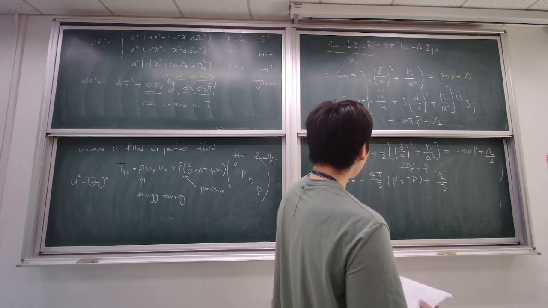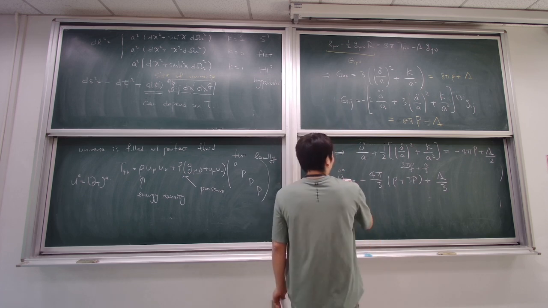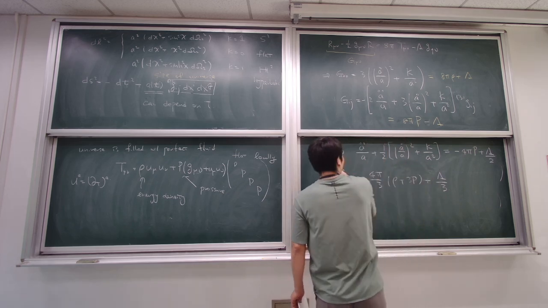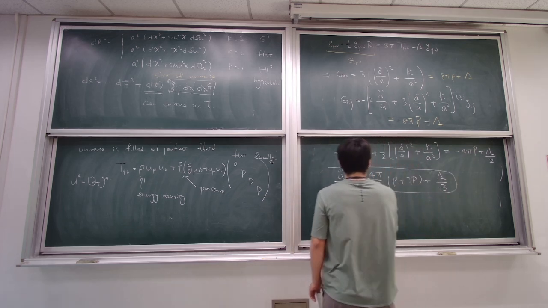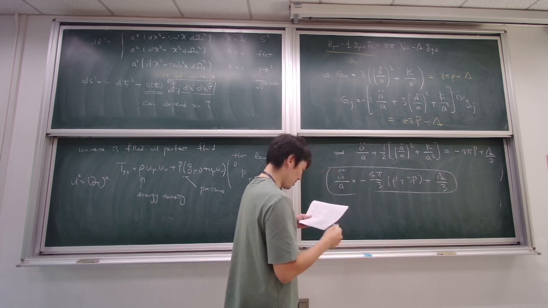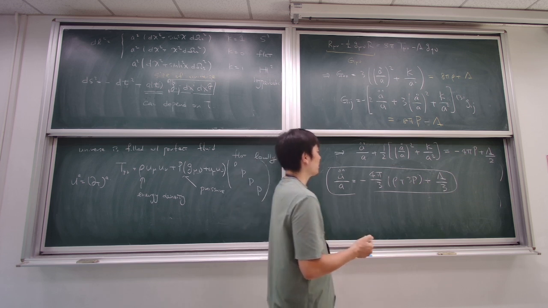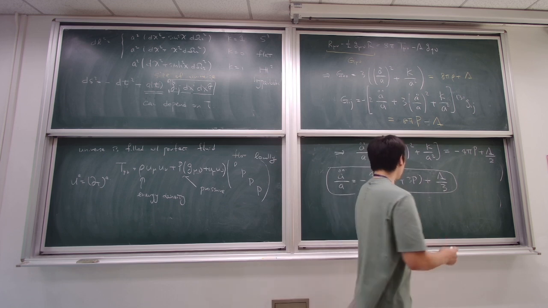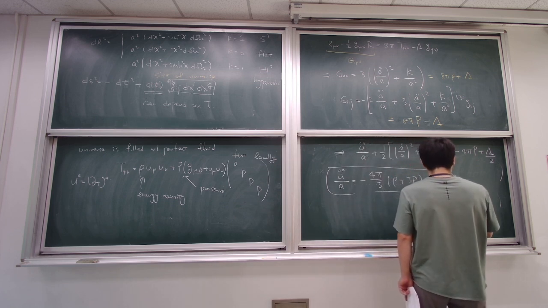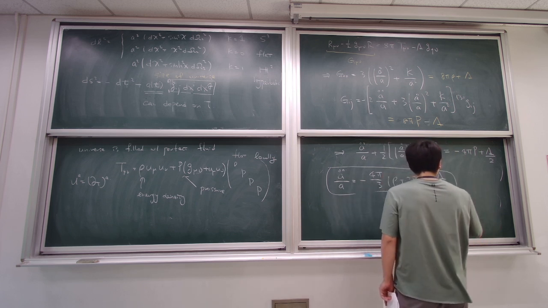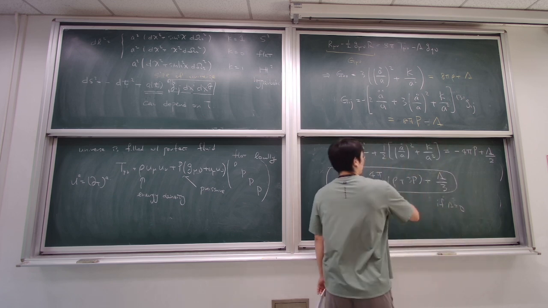Okay, let's assume this one. I will try to correct my lecture note later. So this is called the Friedmann equation. The important thing is that if lambda is equal to 0, this quantity is negative.